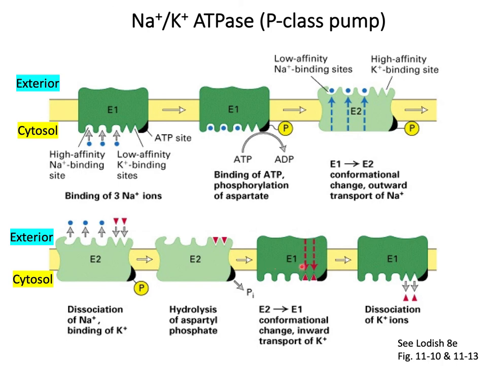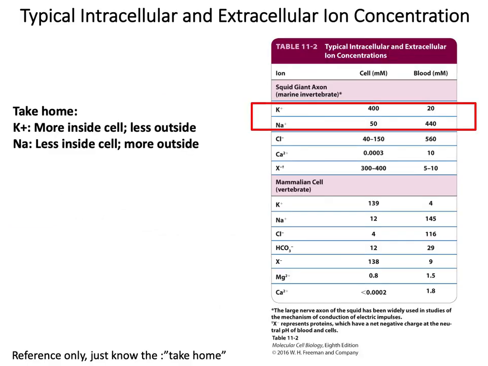The potassium binding sites become low affinity, and the potassium ions diffuse into the cytosol. And again, the sodium binding sites become high affinity to bind and repeat the cycle once again. This is a very active pump in most animal cells. Again, 3 sodium ions are pumped out of the cell and 2 potassium ions are taken inside the cell per cycle of the pump working.